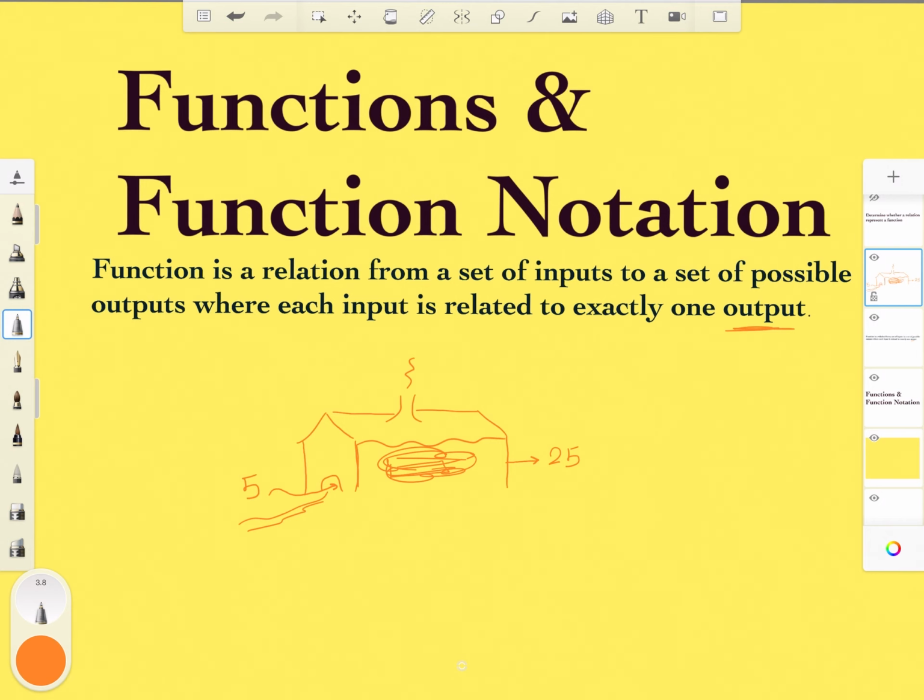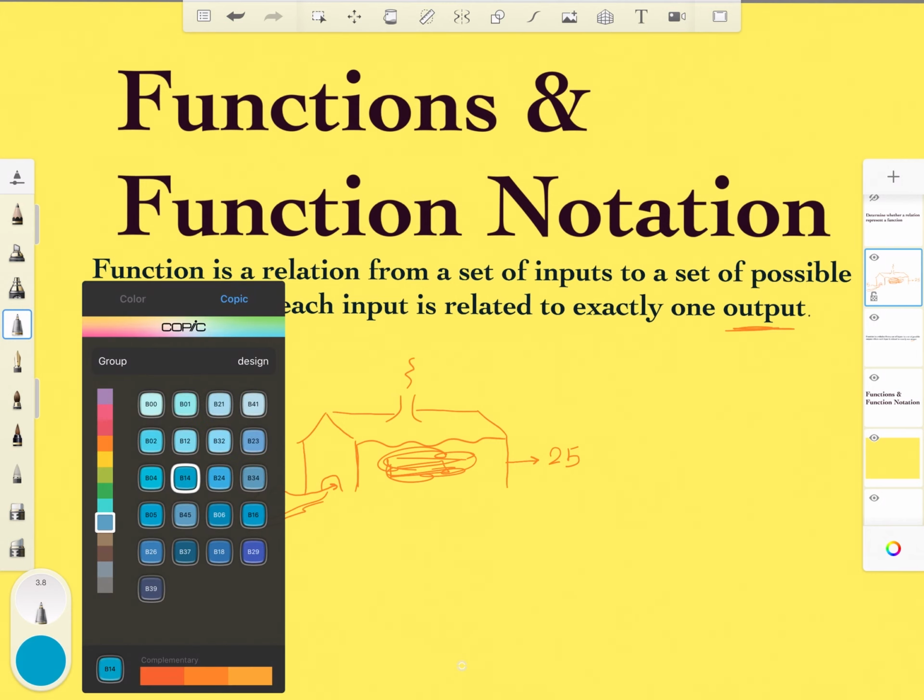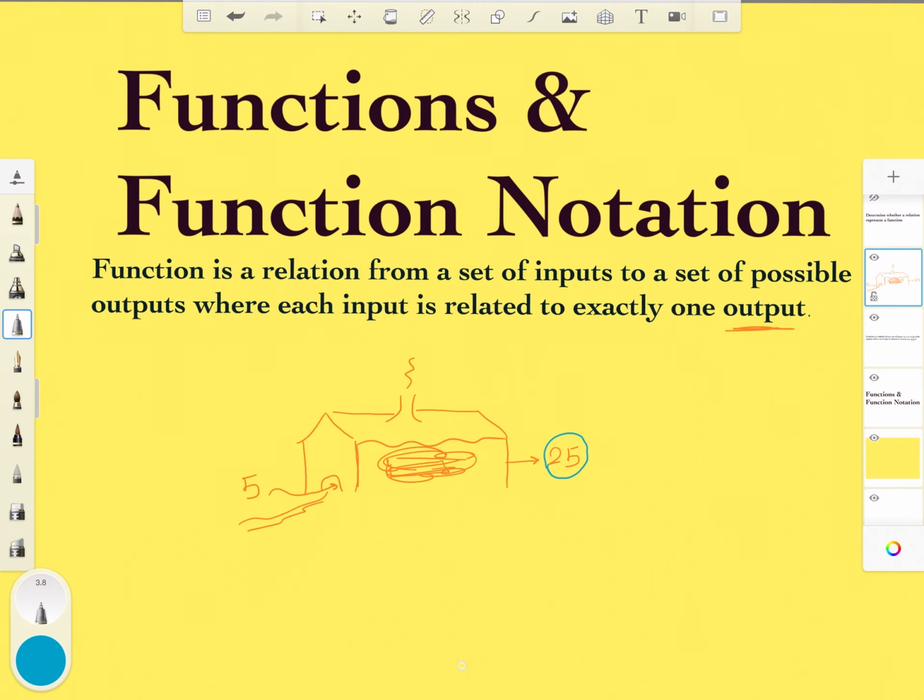So this 25 is related to this 5. 25 is the output, 5 is the input.